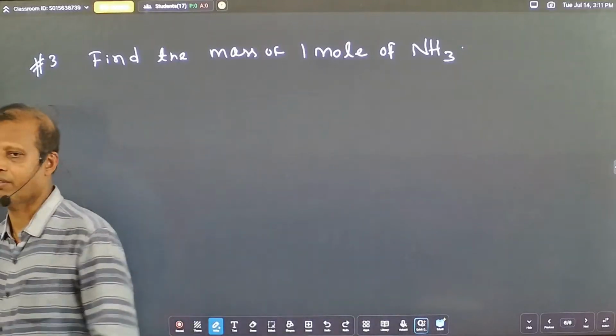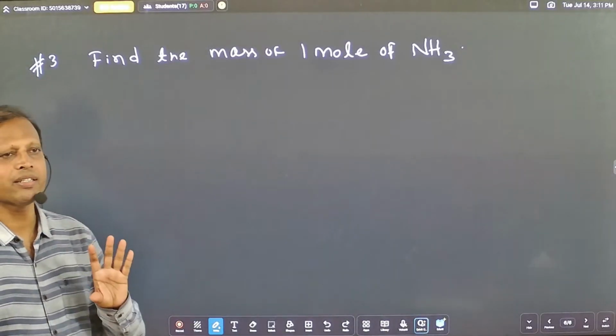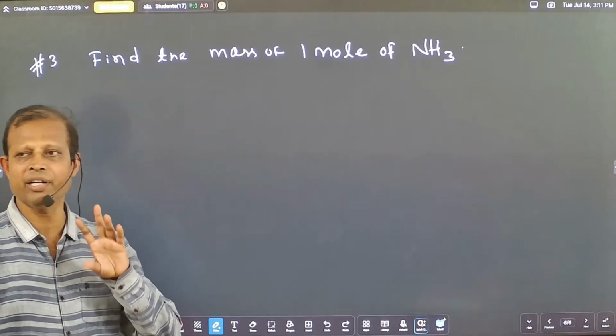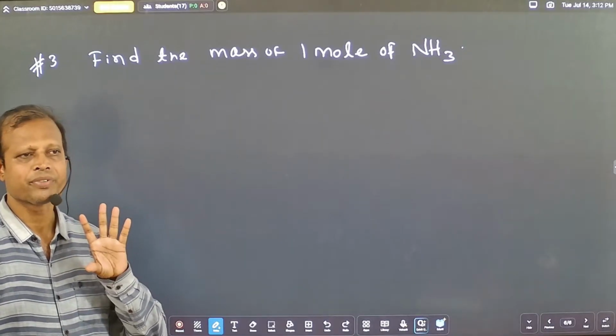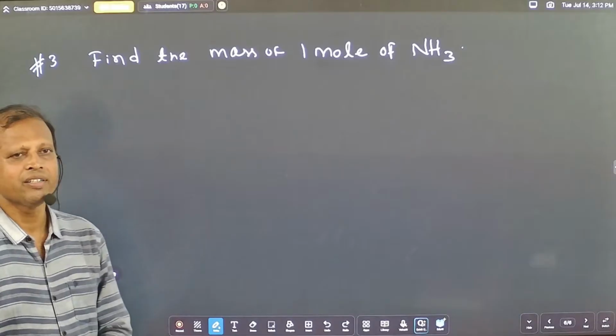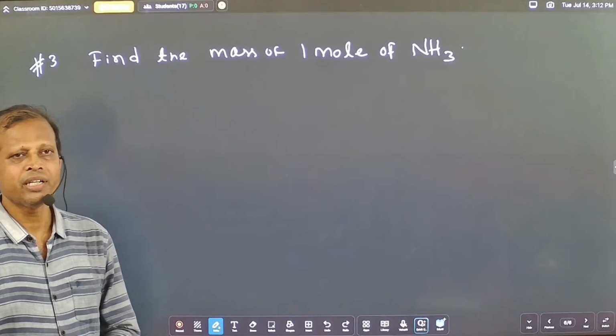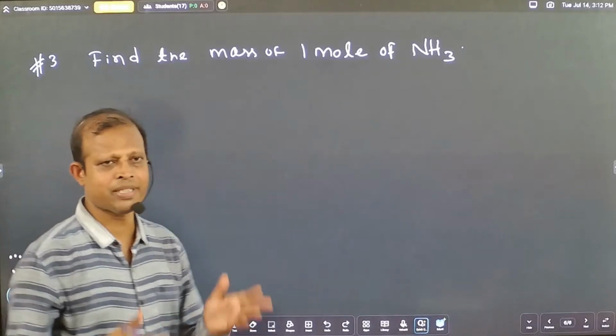Ammonia is an element or compound? Compound. So 1 mole of ammonia has a mass equal to its molecular mass expressed in gram.